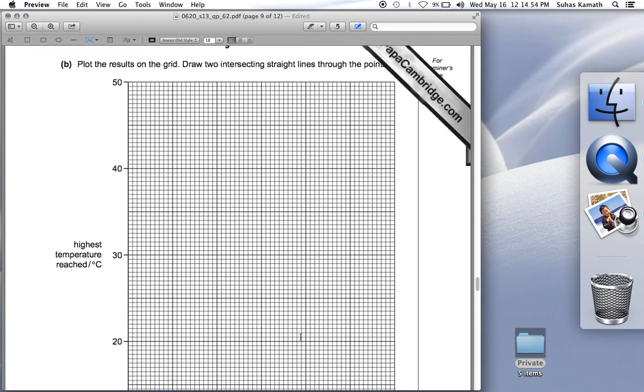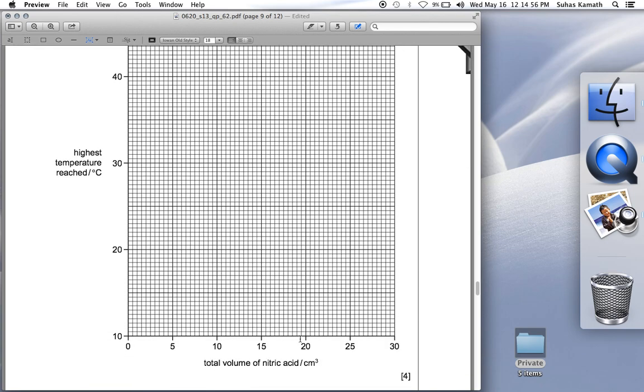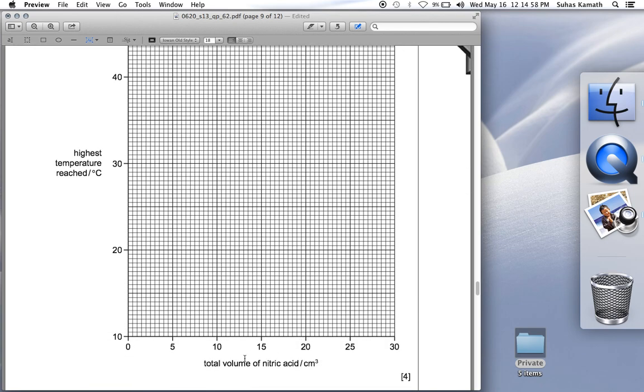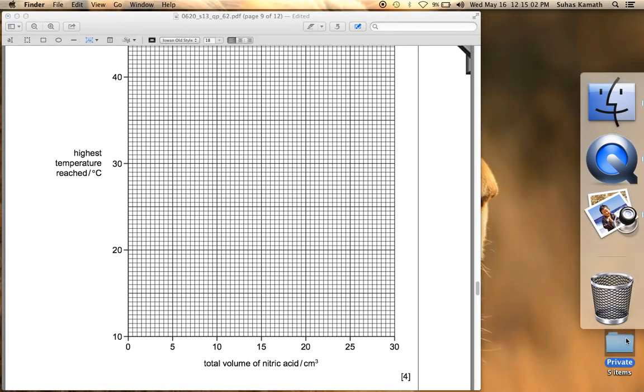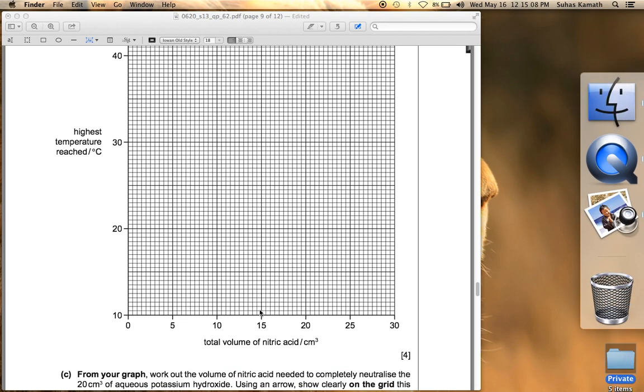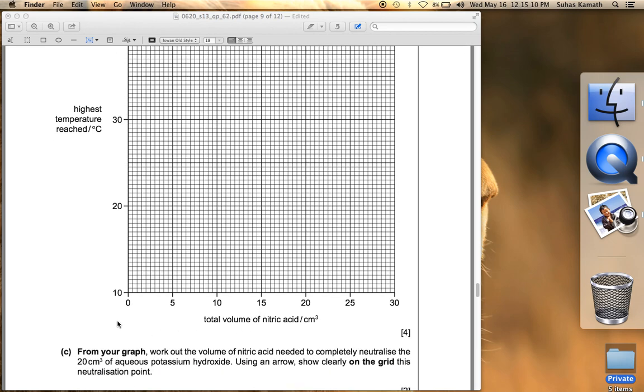So, since I cannot do this on my computer, it's better if you can do it. It's quite simple. You have learned about it, all of it in math, I'm sure. From your graph, work out the volume of nitric acid needed to completely neutralize the 20 cm³ of aqueous potassium hydroxide using an arrow.